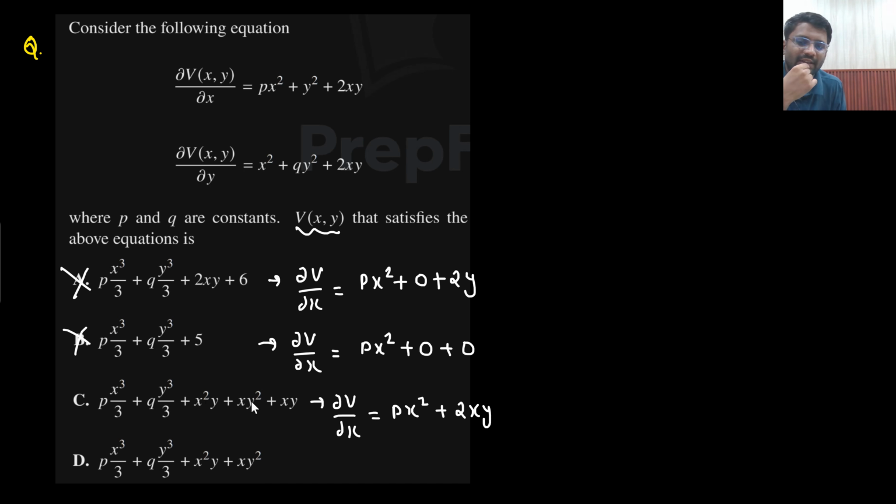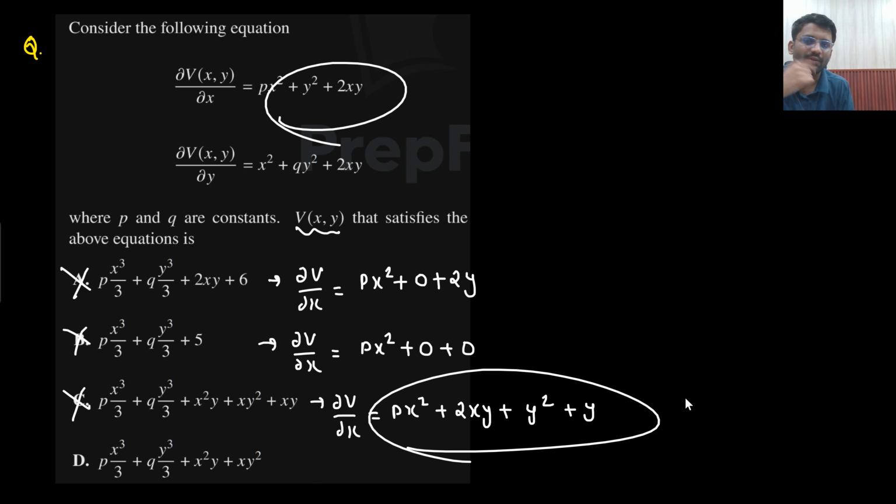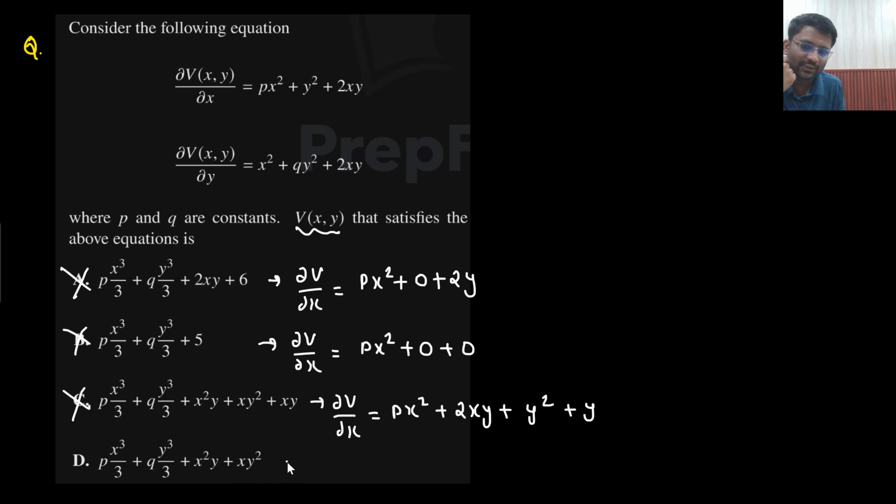Here y square will be treated as constant, differentiation of x will be 1. And here y will be treated as constant, differentiation of x will be 1. So, px square plus y square plus 2xy, but sir, this extra y is coming. That means this option is also not matching, wrong. This should be equivalent to this, no? They are not equivalent.